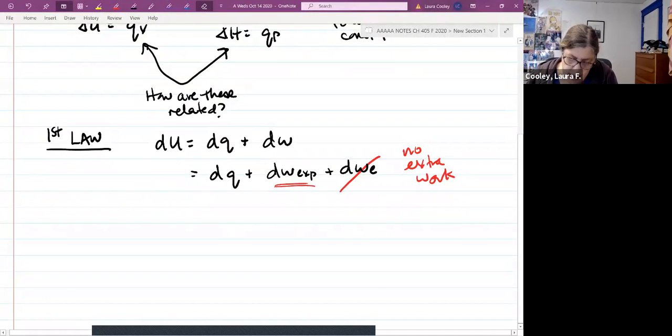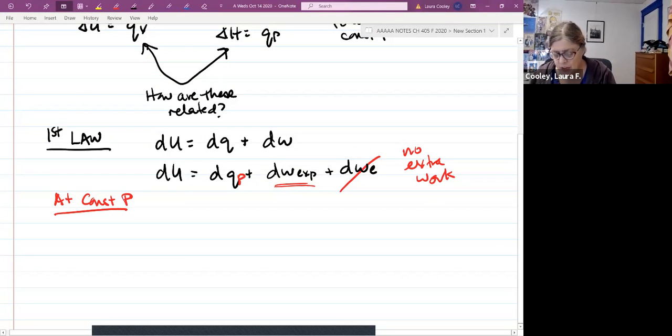I'm going to say at constant pressure. So if the pressure is constant, then dq becomes dqp. It becomes the heat that flows at constant pressure, which is also the change in enthalpy, dH, because we just figured that out up here.